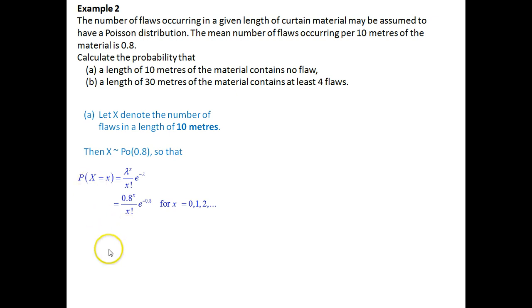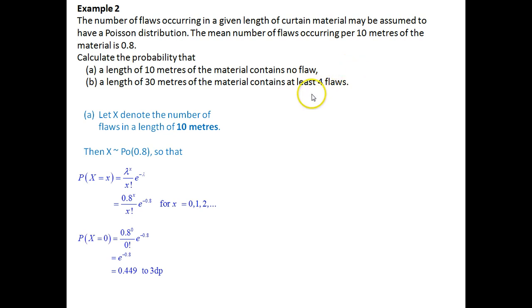We want no flaws, therefore we put 0 as x, and that's a 1, so e to the minus 0.8 is 0.449 to 3 decimal places. That's the probability that there are no flaws in a length of 10 meters.